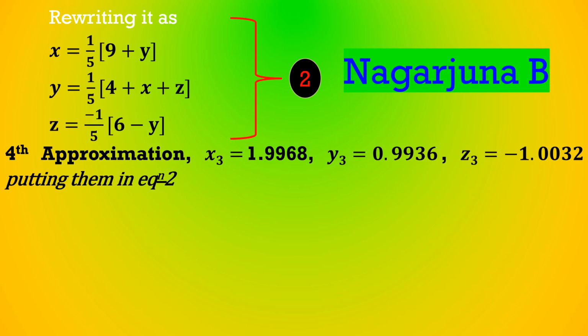By substituting these values in the right hand side of system of equation 2 for x, y and z values, we get the fourth approximation x4, y4 and z4. That is, substituting x3, y3 and z3 in the place of x, y and z on the right hand side of equation 2, we get x4, y4 and z4. First, x4 is equal to 1 divided by 5 into 9 plus y value 0.9936.